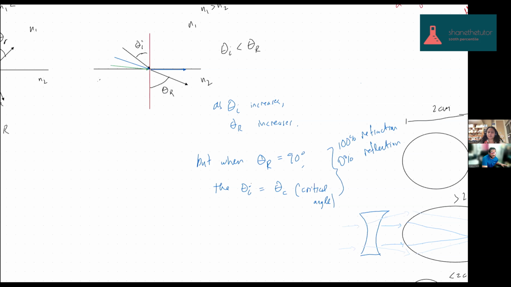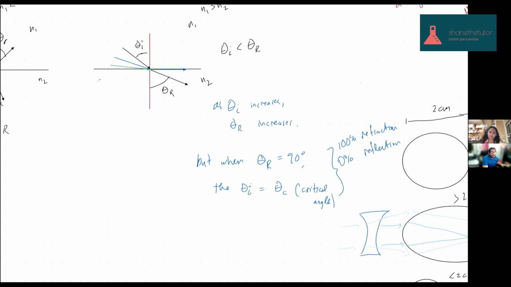Now let's imagine if we go beyond that, like this green arrow here. As we go beyond that, the angle of incidence now will go beyond that 90-degree part. So now we don't really have any light trying to get into N2.